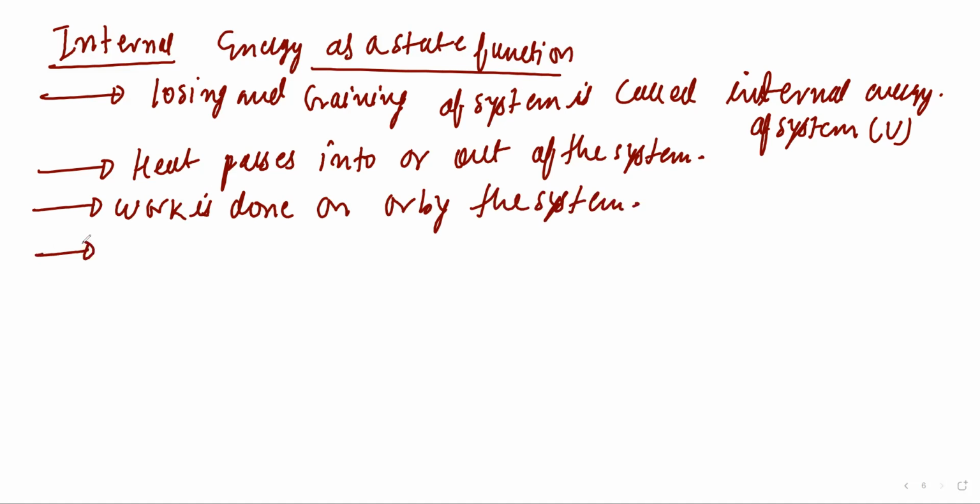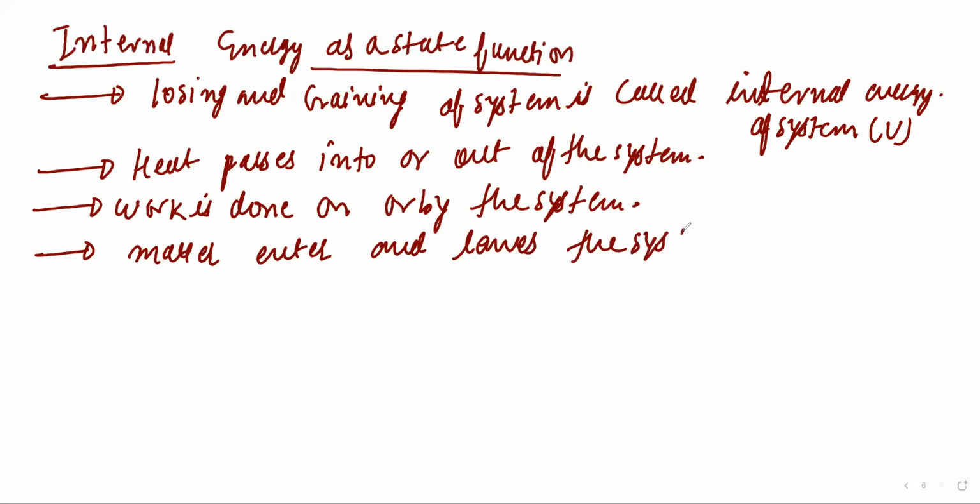Next, matter enters and leaves the system. Right? These systems are classified accordingly. So, what decides the change in internal energy? These three quantities: heat passing in and out, work being done, or matter entering and leaving the system. That defines the internal energy. Then we'll do the next in the next class. So that's all for today. We'll meet tomorrow.